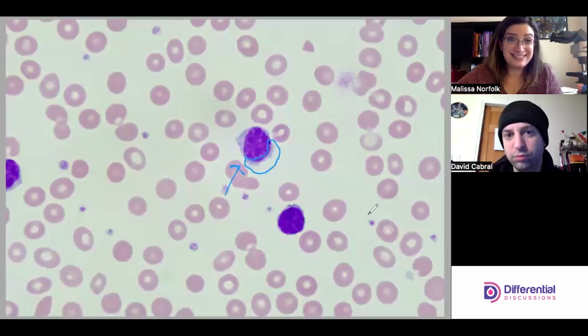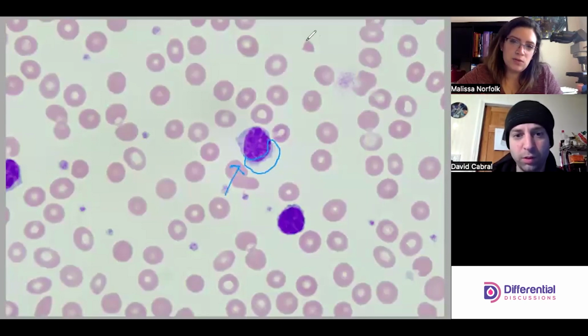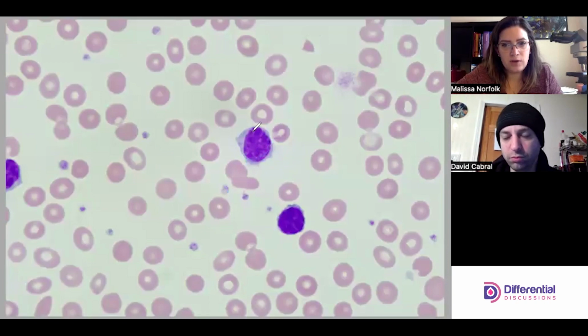So that's the challenge, identifying a hairy cell from a regular lymph, because, like Dave was just saying, the chromatin patterns look similar, they're both mature chromatin. It's really the cytoplasm.